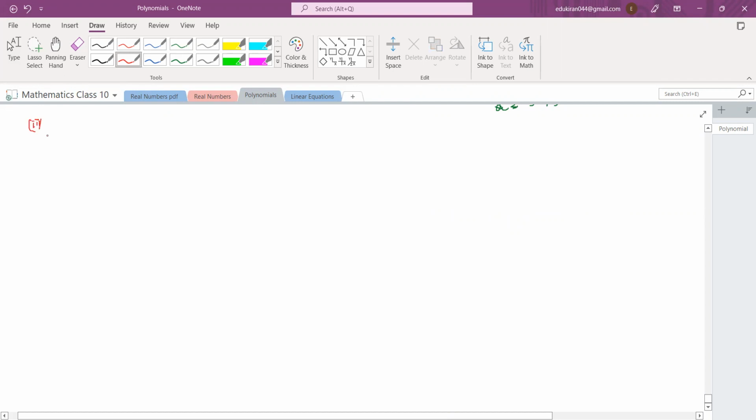Find the value of K such that the polynomial x square minus (K plus 6) into x plus 2 into (2K minus 1) has sum of its zeros equal to half of their product.